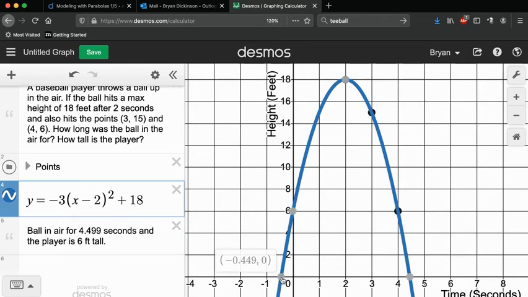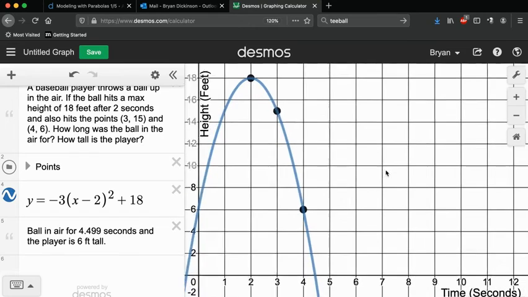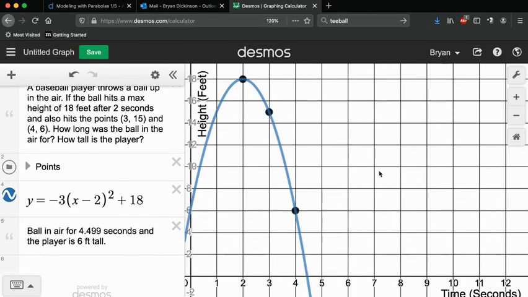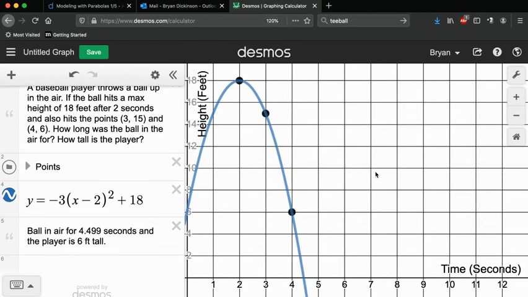Because if you notice, you have another x-intercept, but that x-intercept is dealing with negative time. So that x-intercept doesn't actually make a whole lot of sense. The graph that's relevant to us really starts when x is 0. So it's just cutting off right here when x is 0.